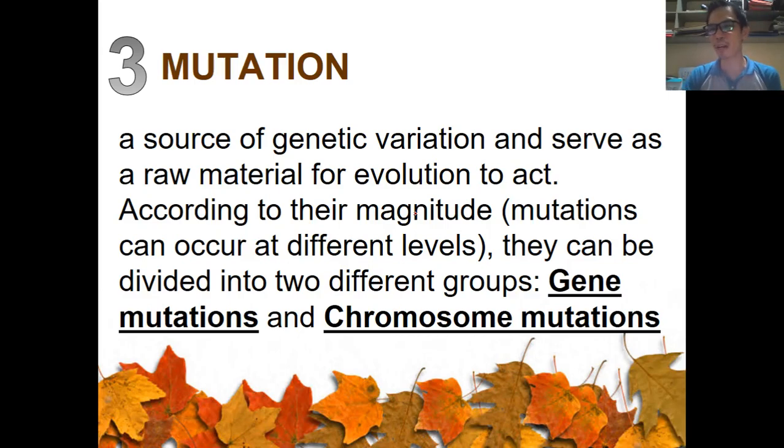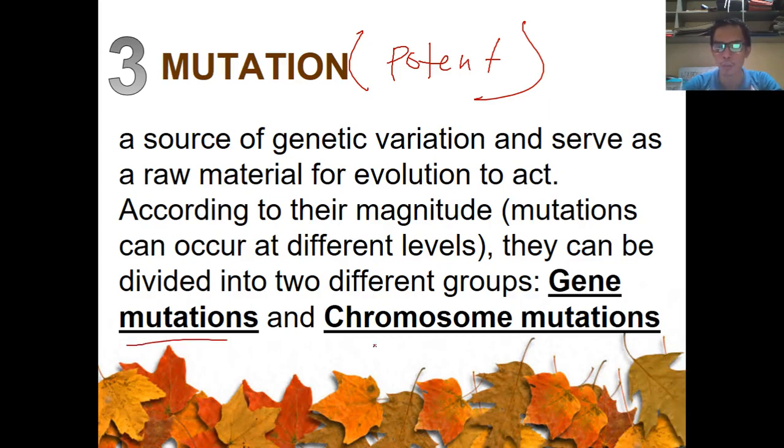Once you create this genetic variation in the organism by changing the genes in their DNA, you create another group of organisms. Meaning to say, mutation is one potent agent of evolution. Now, in some cases, mutation can be gene mutation or chromosomal mutation.